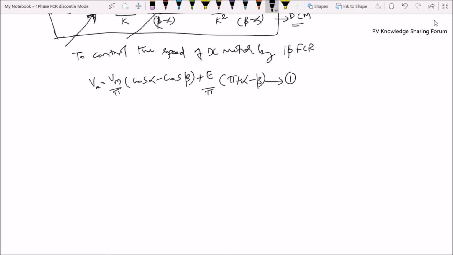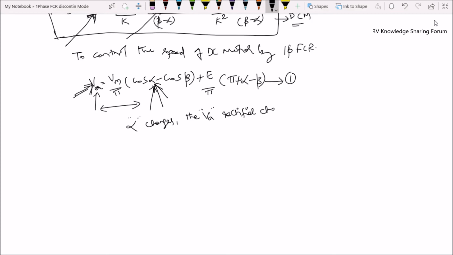So if you observe this equation, this firing angle alpha and this VA, the average output voltage of the rectifier, both are interdependent with each other. So this average output voltage of the rectifier is dependent on the firing angle alpha. That means when we change or control this firing angle alpha, the average output voltage of the rectifier changes, which you might have studied in power electronics.